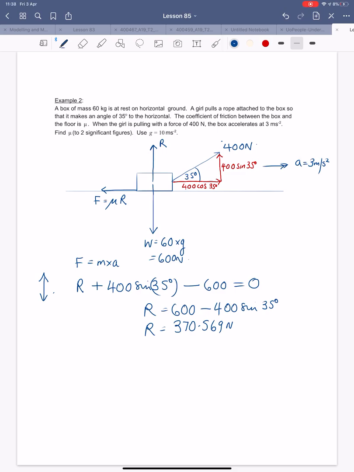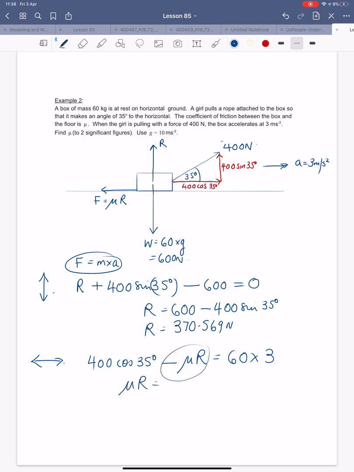Right. And then we look at horizontal. We've got 400 cos 35 degrees minus mu R equals mass times acceleration, because it's moving horizontally. Mass is 60 and acceleration is 3. So both of these are net forces, mass times acceleration. So we've got mu R, so I'm going to subtract that from each side, and you end up with mu R is 400 cos 35 degrees minus 180.